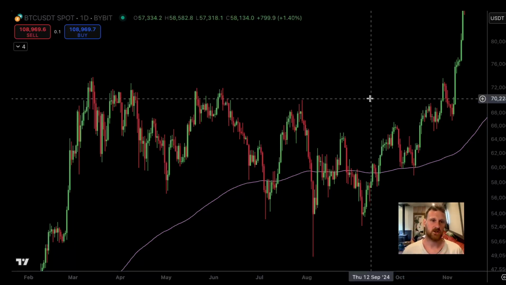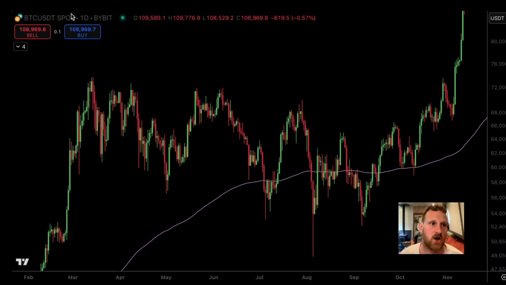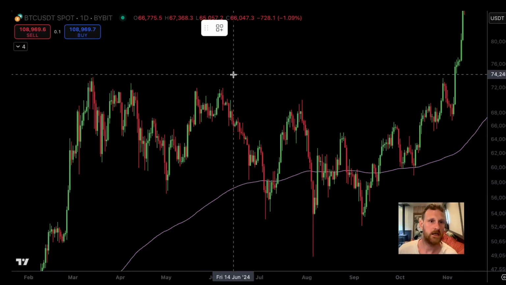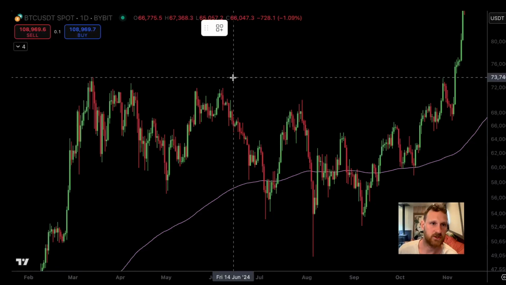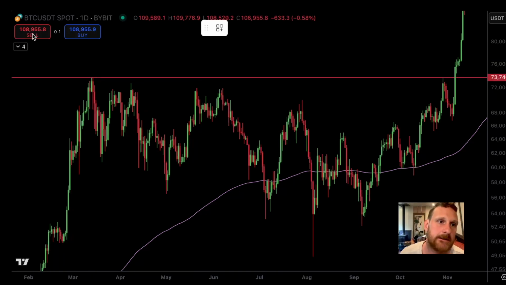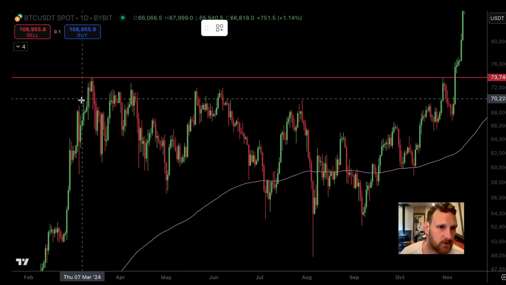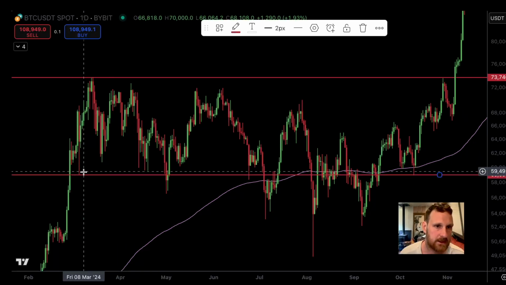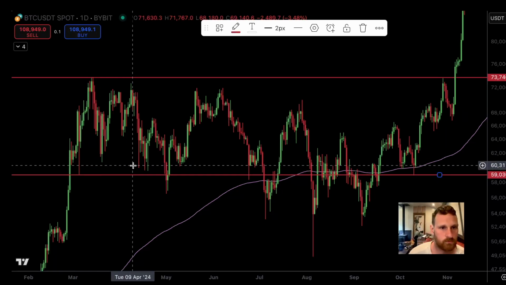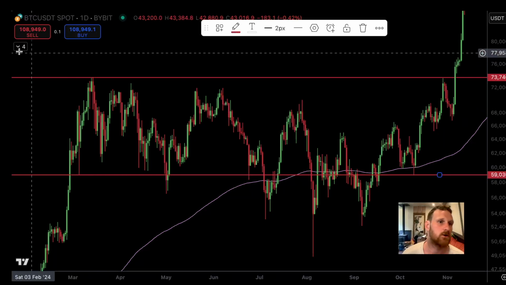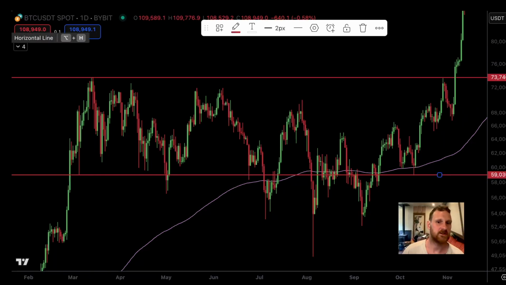So let's start with the horizontal tool in TradingView, identifying some price extremes. We've got the previous all-time high there, and we've got a large lower wick here with some wicks and other soaked up demand areas around it, so that could be potentially a good area to identify.